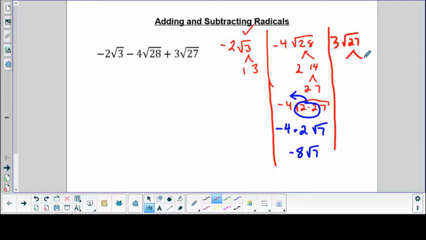So is it divisible by 3? 27 divided by 3 sure is. 3 times 9 gets you 27. Very good. So next, 3 is prime, so we can't split that up, but 9 isn't. 9, we could do 3 times 3.